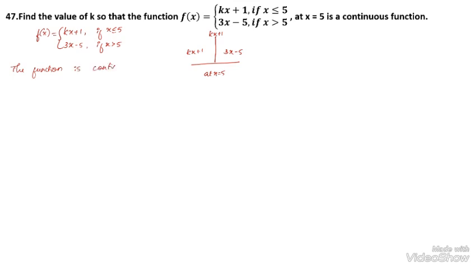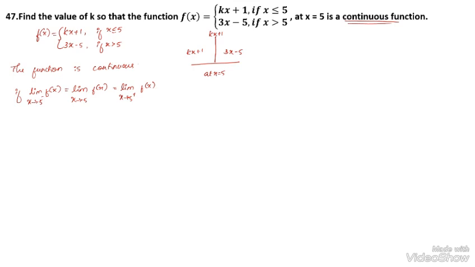The function is said to be continuous if the left hand limit, that is limit x tends to 5 minus f of x, equals the main function value f of 5, and the right hand limit, limit x tends to 5 plus f of x, are equal. Then the function is continuous at the point x equal to 5.